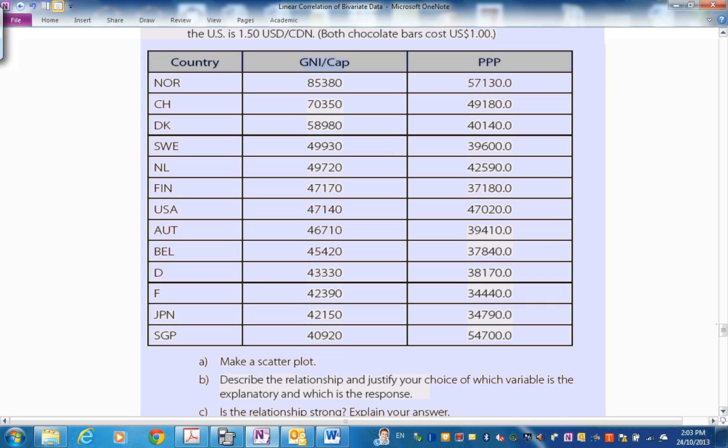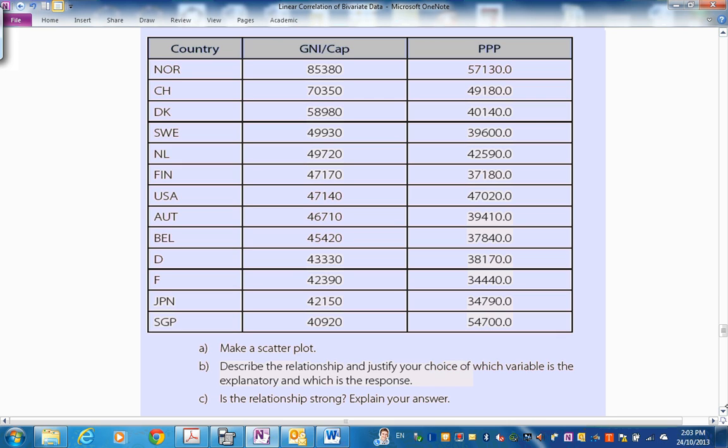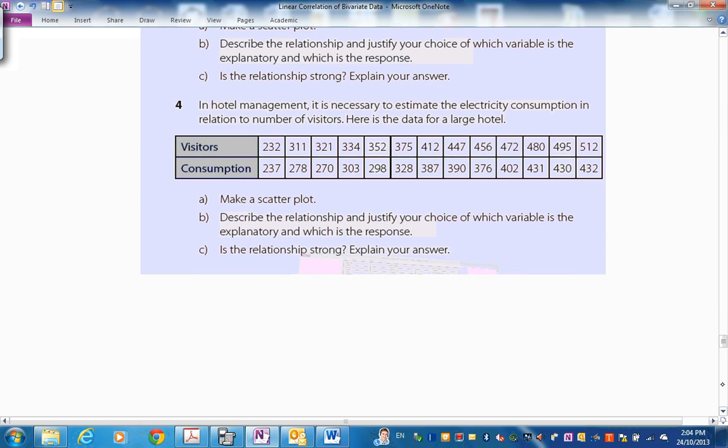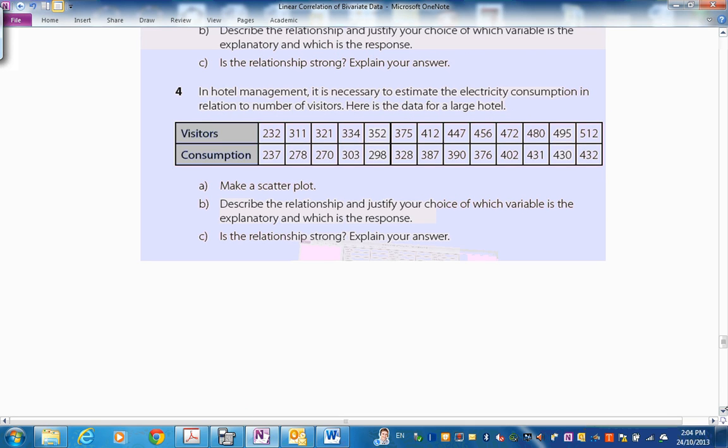So you need to put all of that data in list 1, list 2, whatever way around you're going to do it. Describe the relationship, etc. So there's the question. Okay, have a go at that one. And then question 4. Okay. All right. I'll take you down to the answers now, one by one.